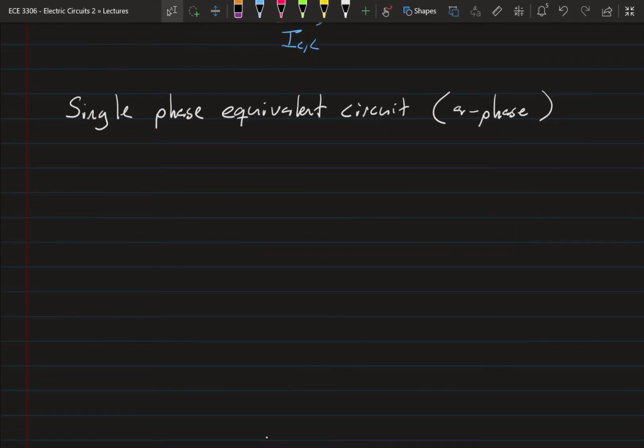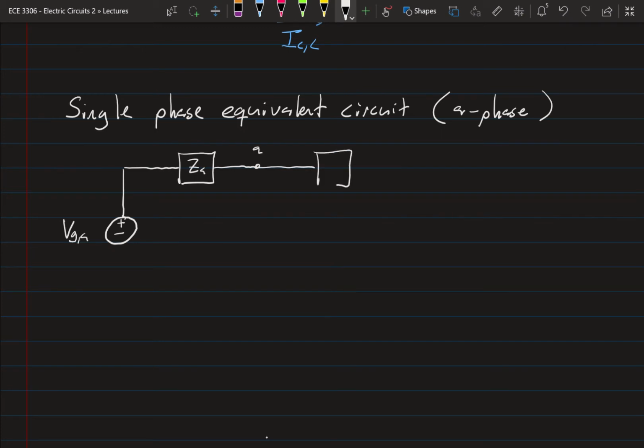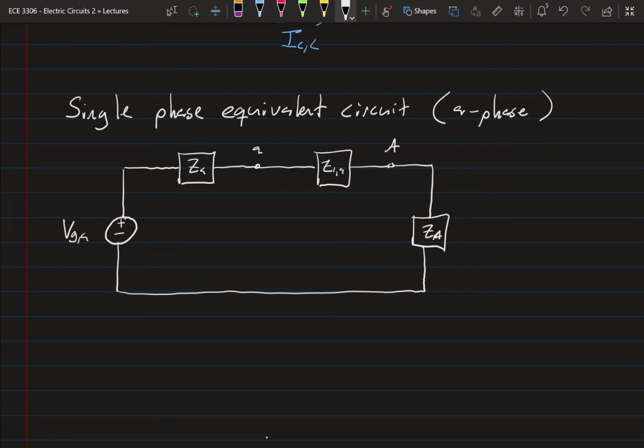Now, the diagram for the single phase equivalent circuit is exactly the same. So we'll have our voltage source VG, comma A, that source impedance, Z sub little a, the node little a, the transmission line impedance, ZL, comma, little a, the node capital A, and then we'll have an impedance ZA, and everything will loop back around.